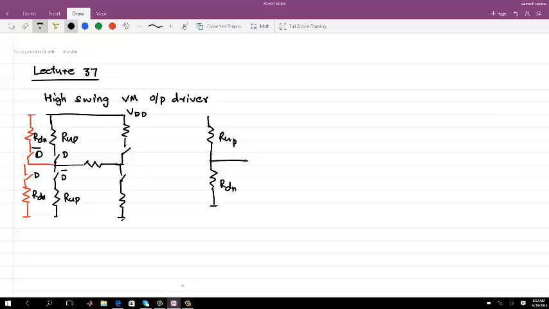No, right? So this is R up and R down, and what we found is that the output swing, let me just write it as V out, is VOP minus VON, where VOP and VON are these nodes, which is equal to VDD by 2 into RT times 1 by RU minus 1 by RD.